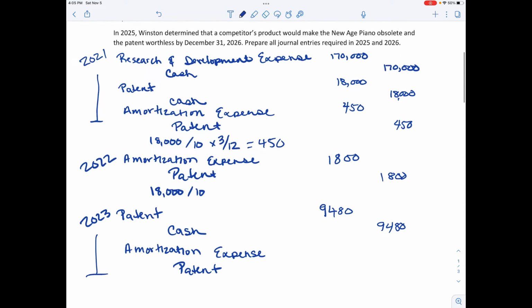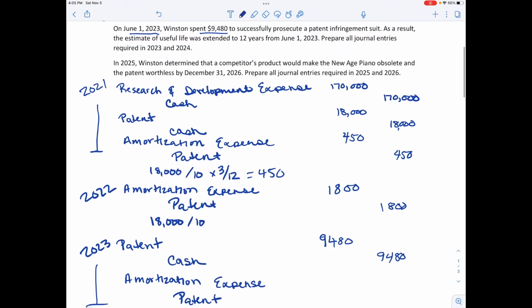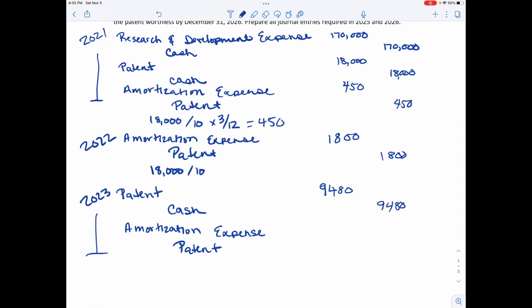First, in the first part of the year before June, from January through June 1st, we're going to amortize that 18,000 straight line, but it only accounts for 5 months. So that was $750.